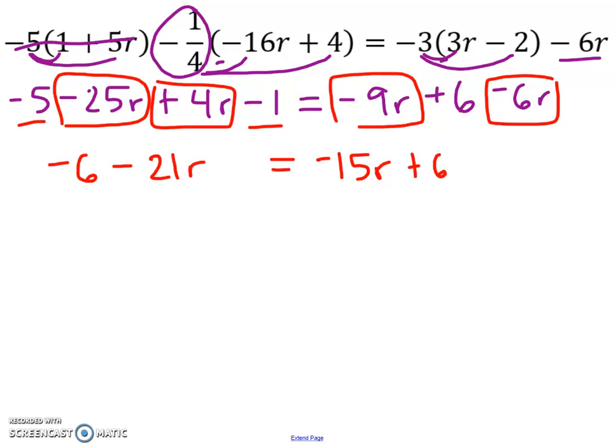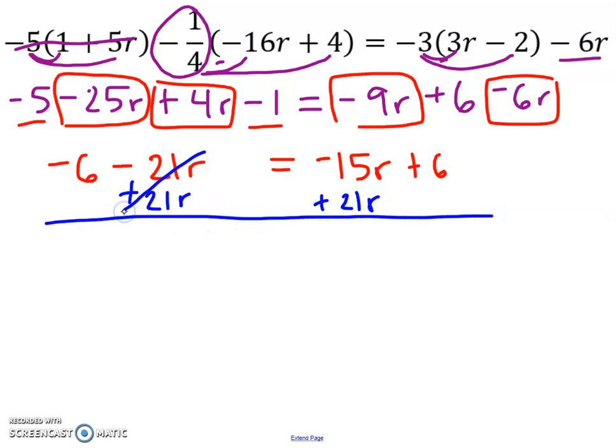Okay, next we want to isolate constants from the variables. So let's move this negative 21r. We want to zero out, so it was negative, so I have to add it. And I do that to both sides to keep my balance straight. Okay, so on this side it's 0. We have negative 6 equals, and then negative 15 plus 21r is going to be positive 6r.